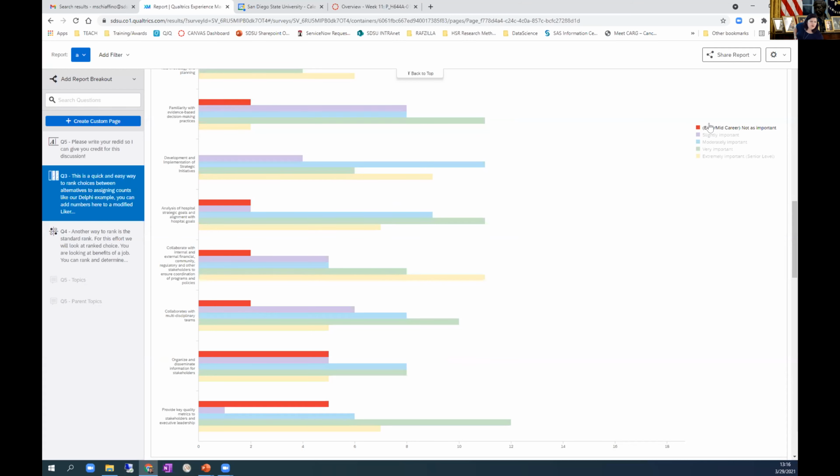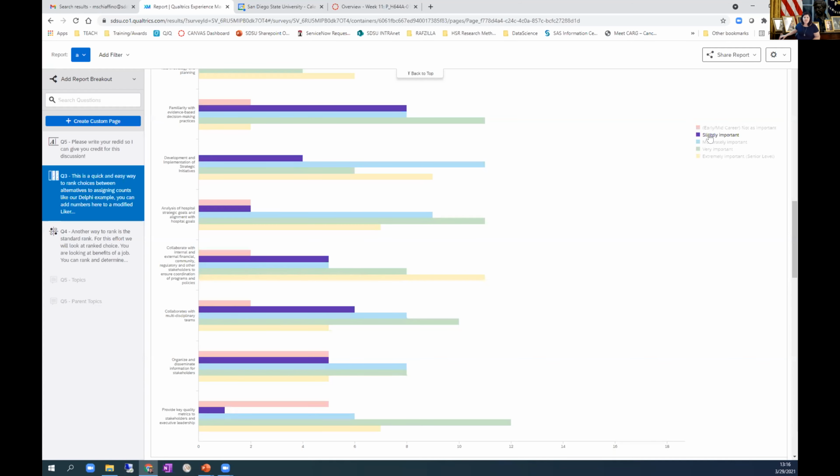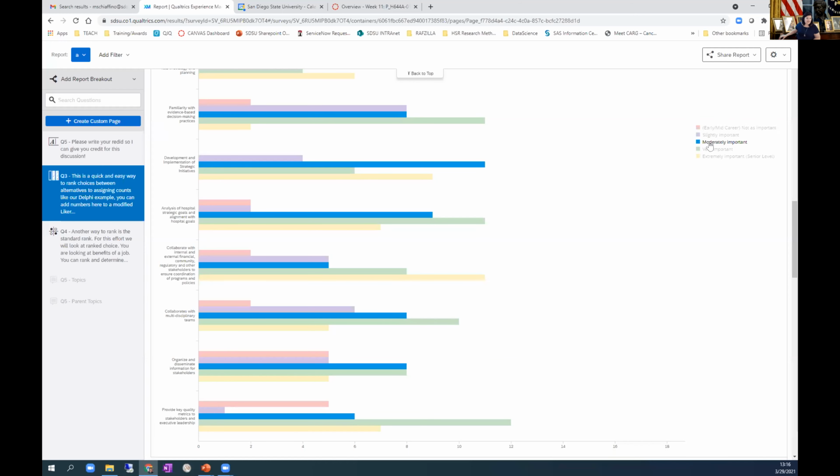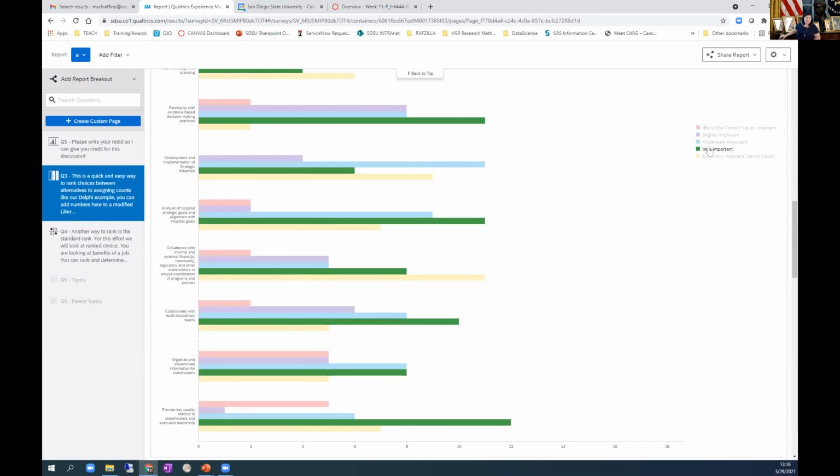So it was not important for an early careerist to be familiar with development and implementation of strategic initiatives. It was not as important to be able to analyze hospital strategic goals, or to collaborate with internal stakeholders, okay? So as we moved up in terms of experience, we saw a transition in the challenges, right? In the differences in capacity.